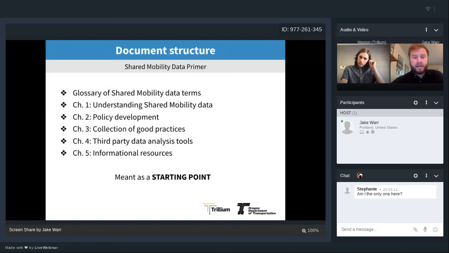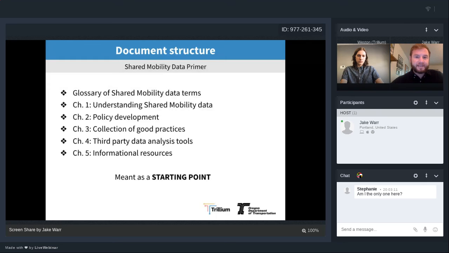Chapter 3, some good practices, and you'll note the phrase "good practices" rather than best. This is a new area. We're all kind of trying to figure out this whole world of shared mobility. So we say good practices because best practices really haven't emerged yet.